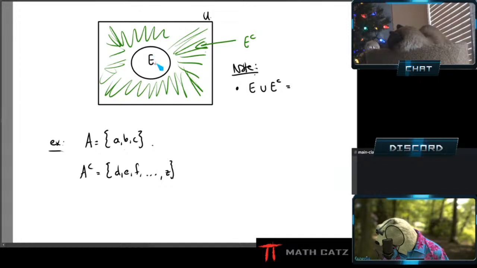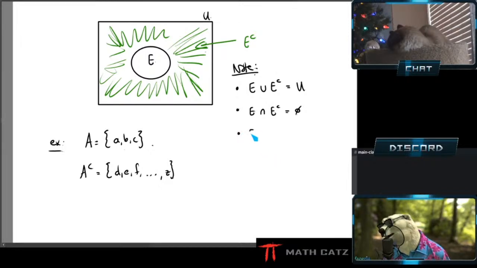And if I throw the circle with the outside together, I get everything. If I look for the intersection, that now looks for overlap. What is common to both? Well, by definition, the complement is what the set is not. It's the outside, the rest. There will never be an overlap. Empty.